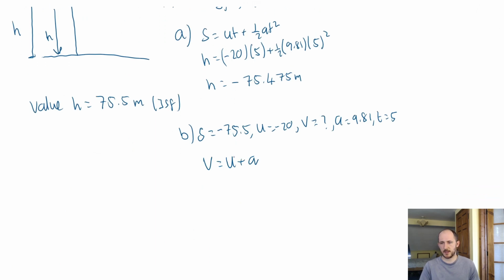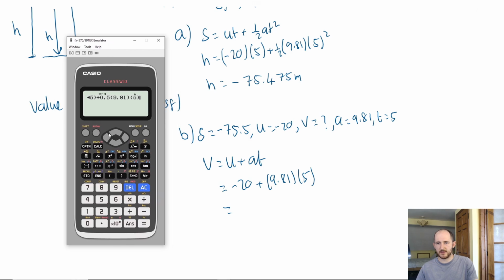U plus at. So u is negative 20 plus a, which is 9.81, 5. Let's have a look at this. I just realized I made a mistake in the answer. If you notice, I actually didn't press squared. So let's square that. 22.625.